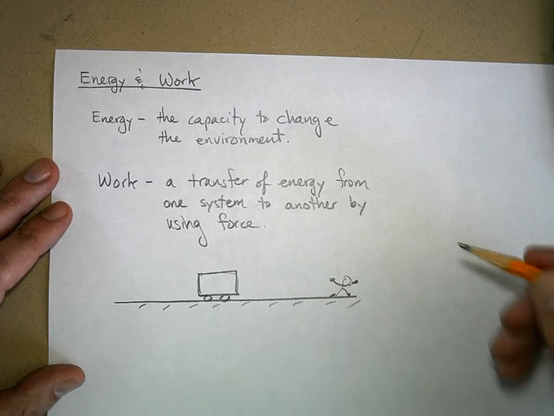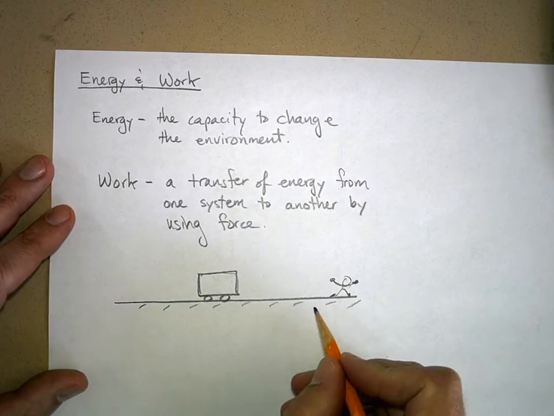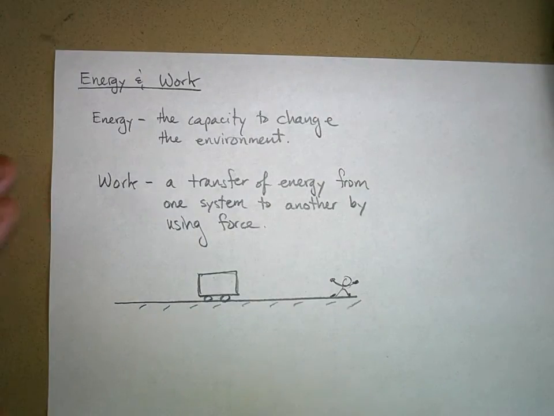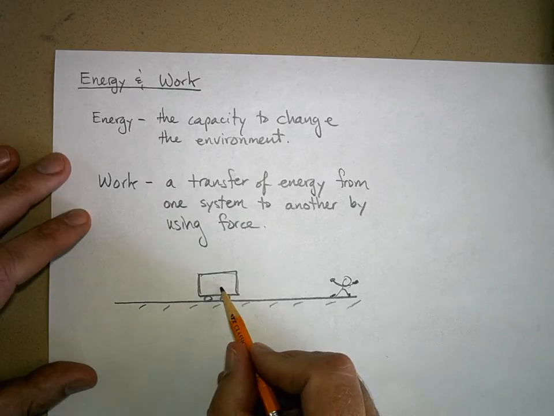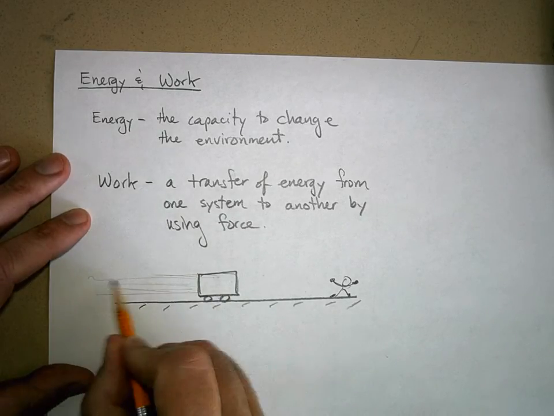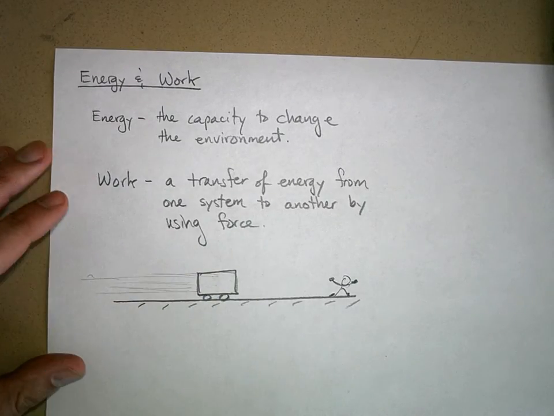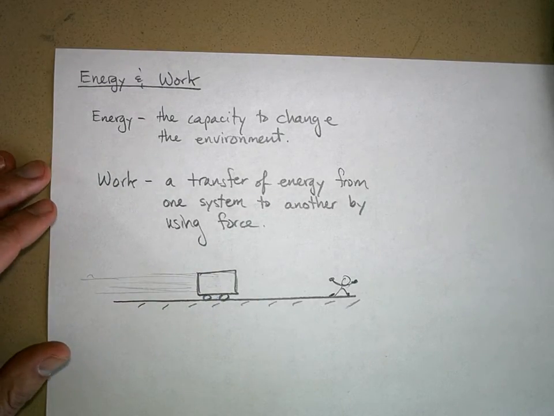Another way of doing it, though, is if I push on this crate, I could give it speed, I can give it velocity. If this crate was moving at 100 miles an hour, and here's a little small child, could this crate affect change on the child? Yes, it could.